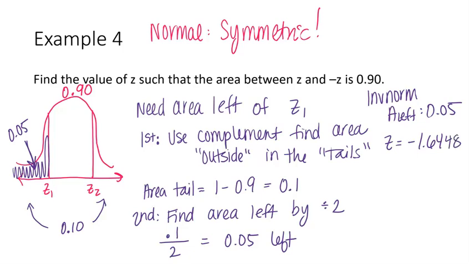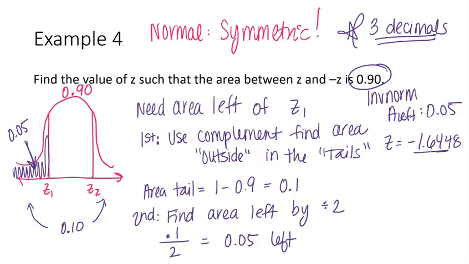Now, this is the only one. When your area between is 0.9, I'm going to have you round to 3 decimals. And we'll look at why that is more in the next lesson. But in this specific example, I do want you to round to 3 decimals, giving you z as negative 1.645.